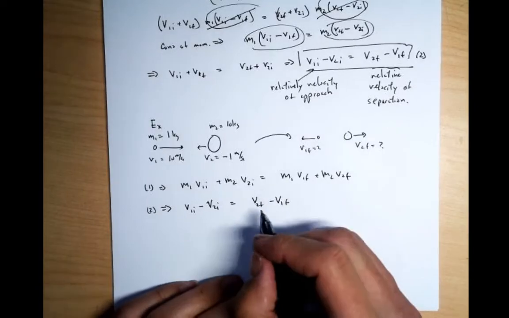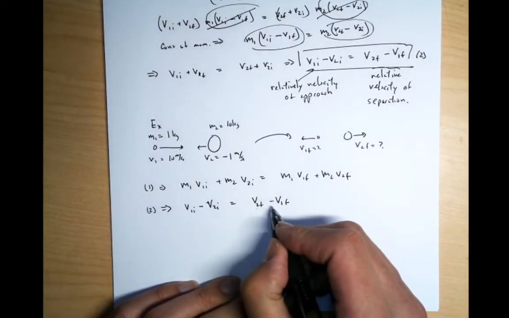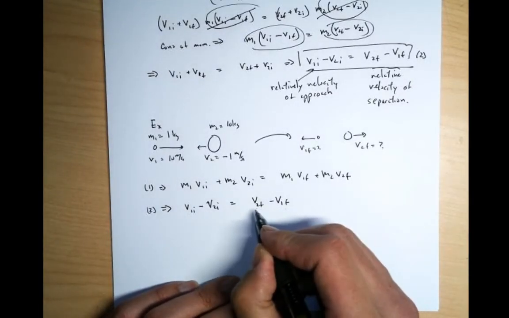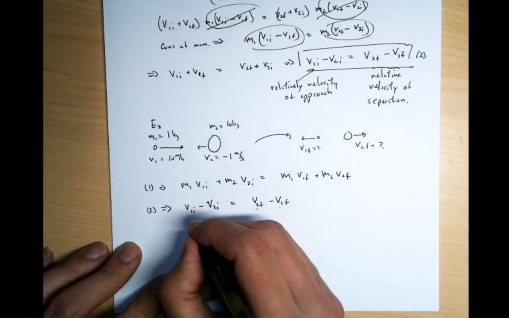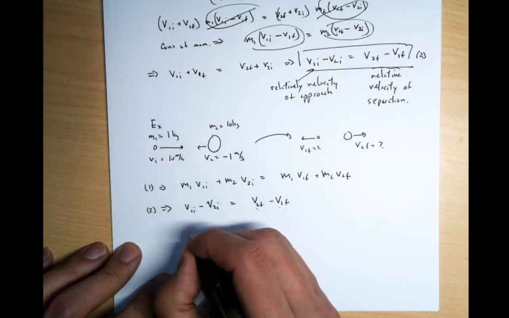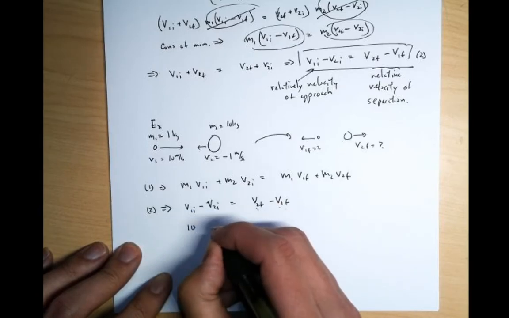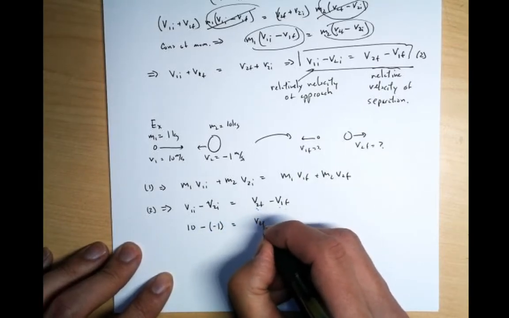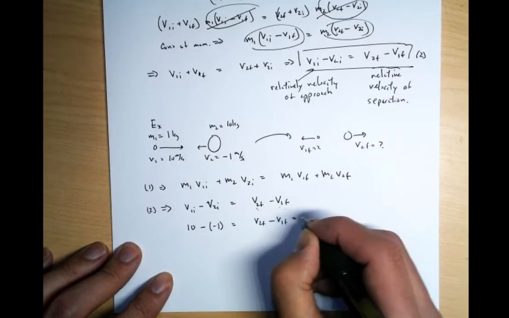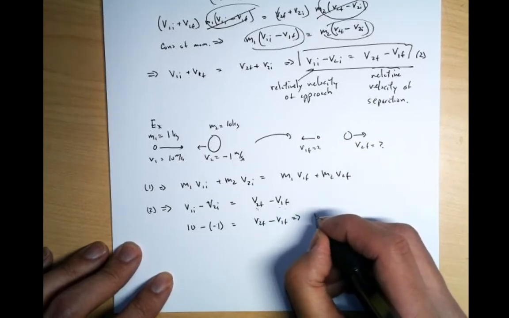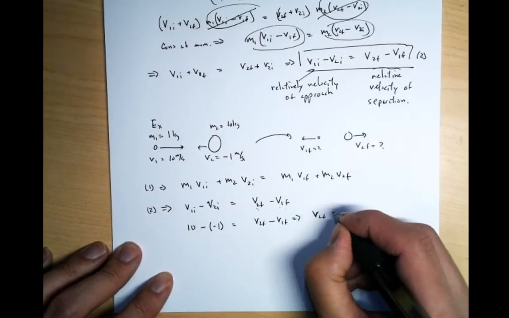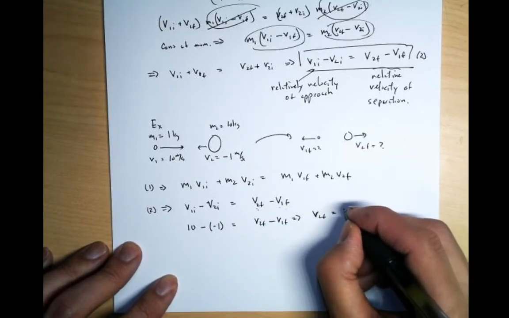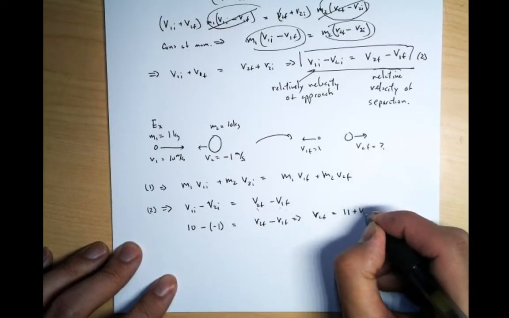Of these four unknowns, I think I'll solve for V1F first, so I have to solve for V2F. Let's plug in the numbers here: 10 minus 1 is equal to V2F minus V1F. This implies that V2F is equal to 11 plus V1F.